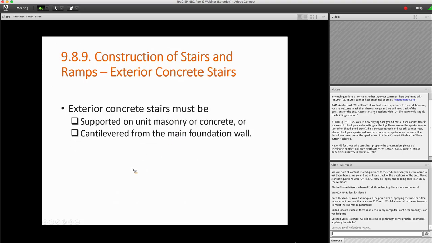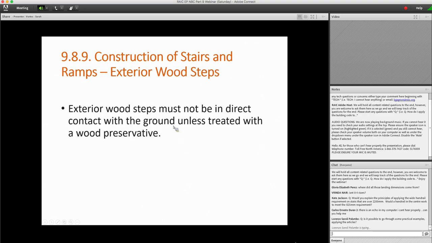Exterior concrete stairs must be supported on unit masonry or concrete or cantilevered from the main foundation wall. Exterior wooden steps must not be in direct contact with the ground unless they are treated with a wood preservative. So you may use exterior wooden steps, but they cannot be in direct contact with the ground.